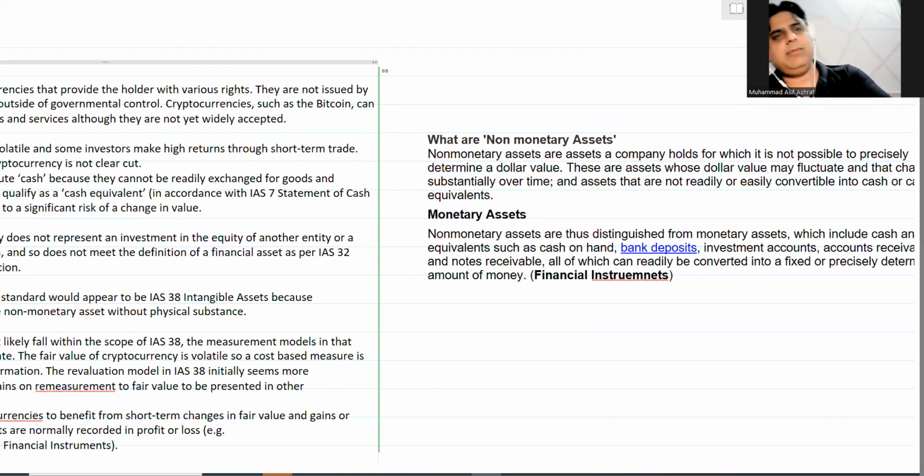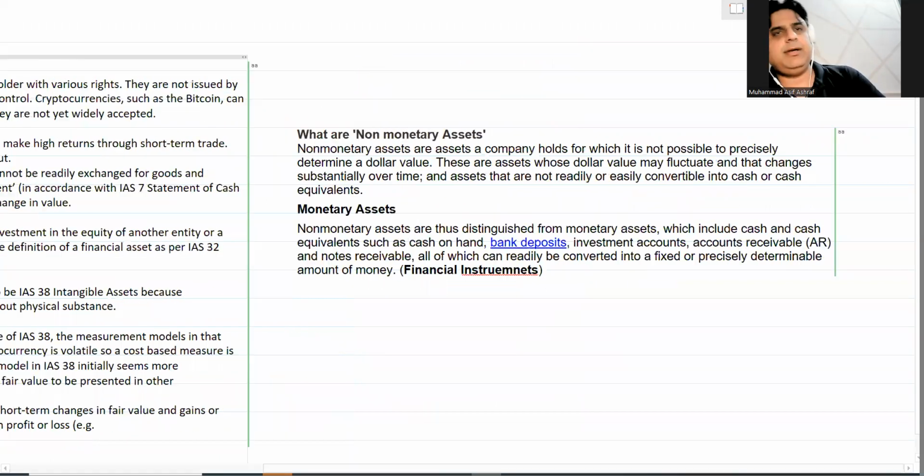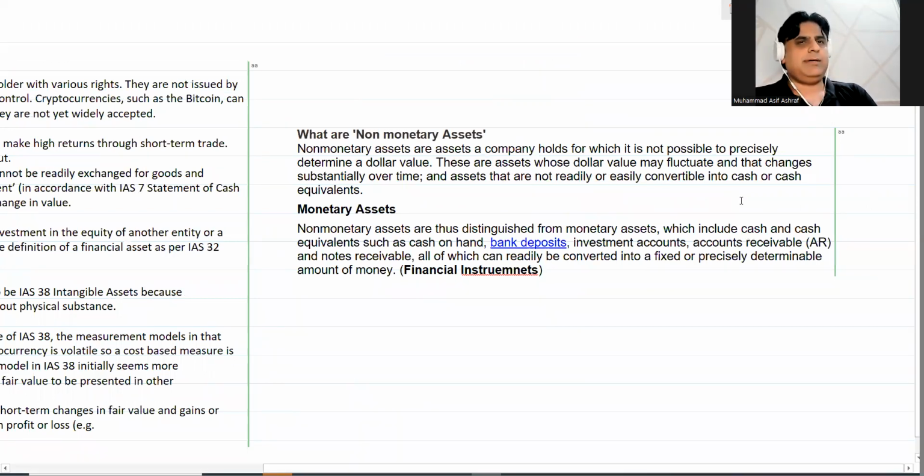The rights which are non-monetary in nature are normally treated under IAS 38 intangibles. The rights which are monetary in nature are treated under monetary assets. Rest, you know the difference between non-monetary assets and monetary assets.